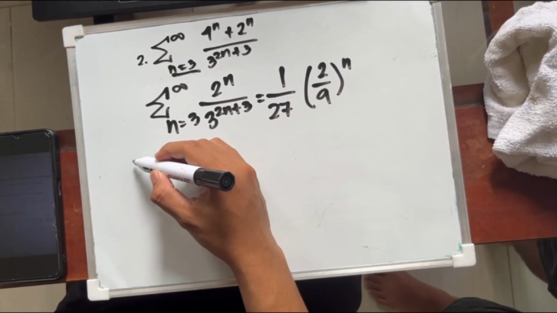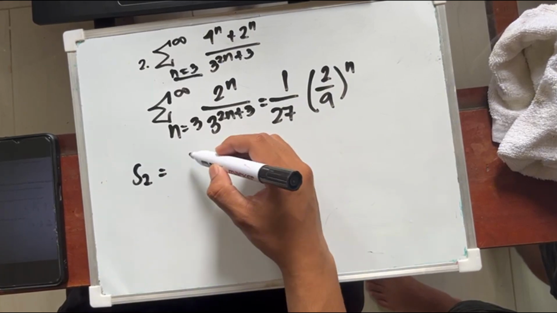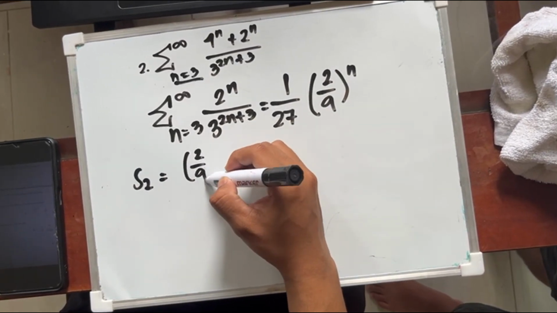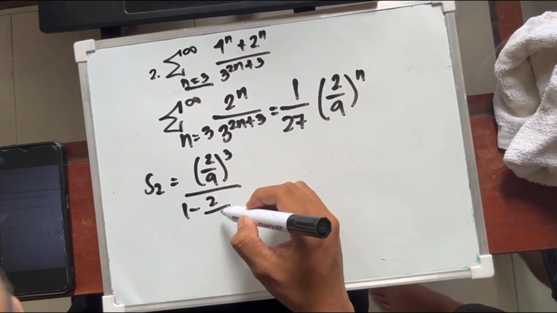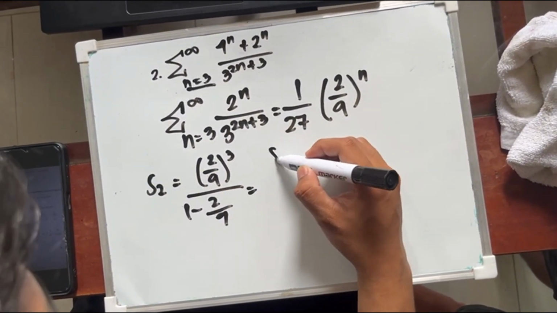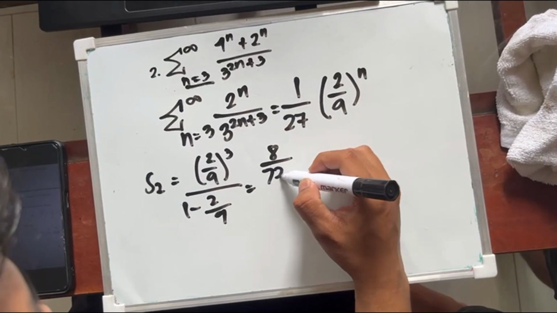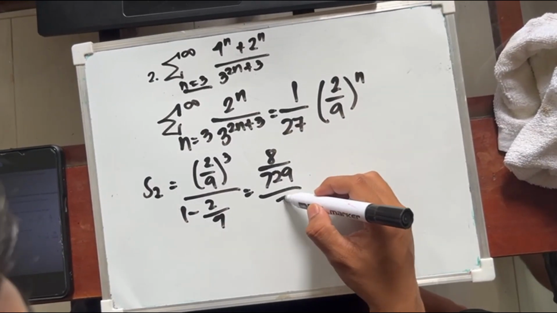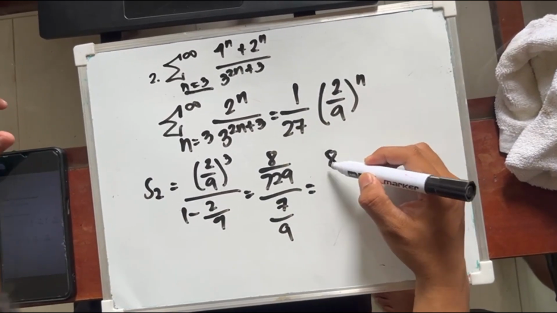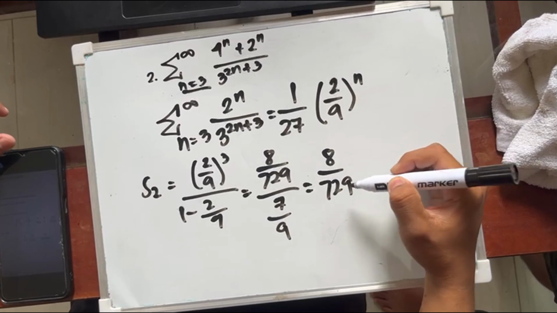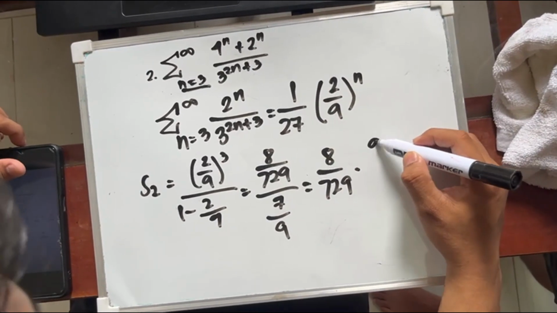Now, let's use the geometric series sum formula. S2 equals 2 over 9 cubed over 1 minus 2 over 9, which equals 8 over 729 over 7 over 9. So let's calculate. We reciprocate.